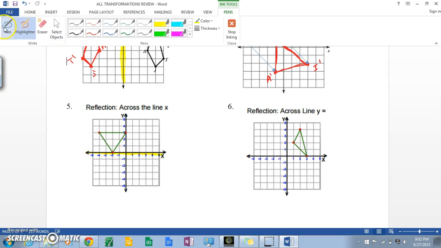Now, seeing as this is graded for accuracy, I want you to try this on your own. I've done a few examples like this, but you need to pause the video and try 5.